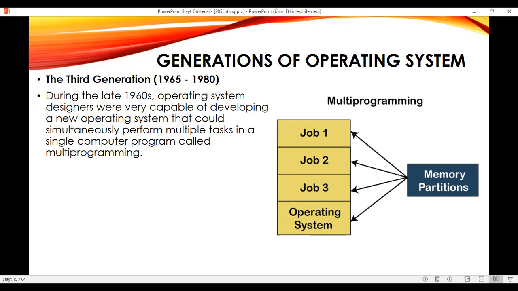In case of any input-output operation or something like that, the CPU will pick another process and continue. So this is called multi-programming, a multi-programming operating system.